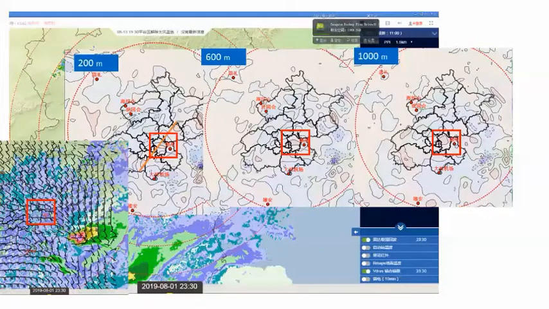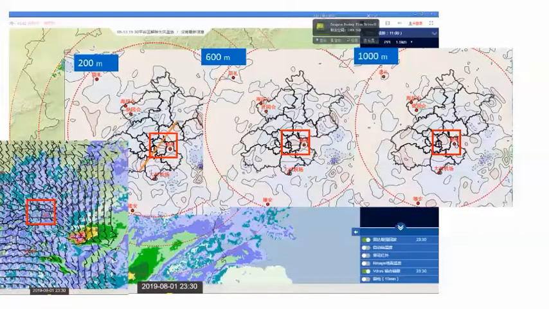Pay attention to the red box, the convergence line area. The convergence analysis field from MS-Now showed that the red box area is a convergence area. The red shade means convergence.